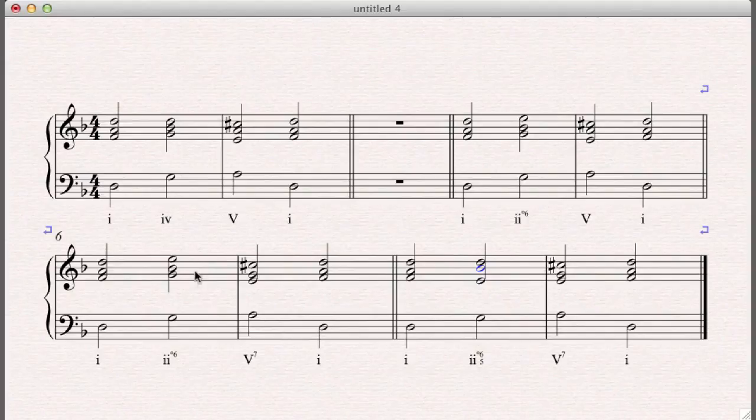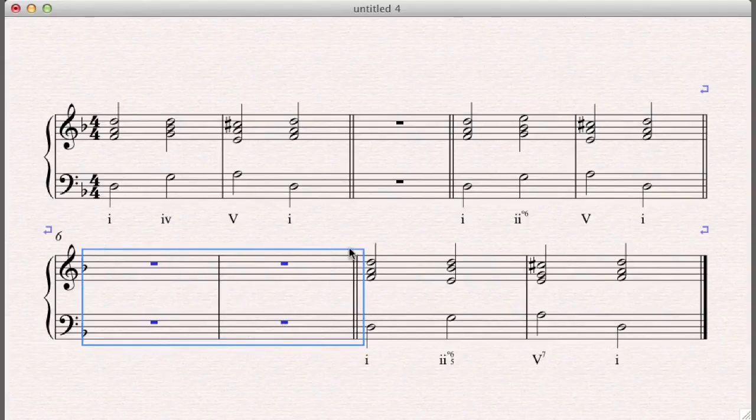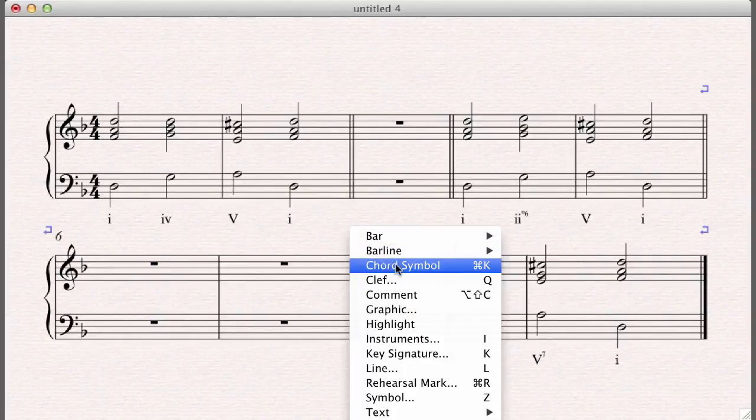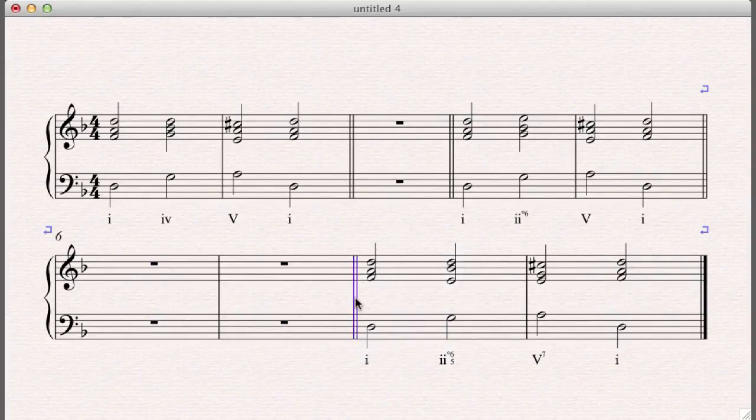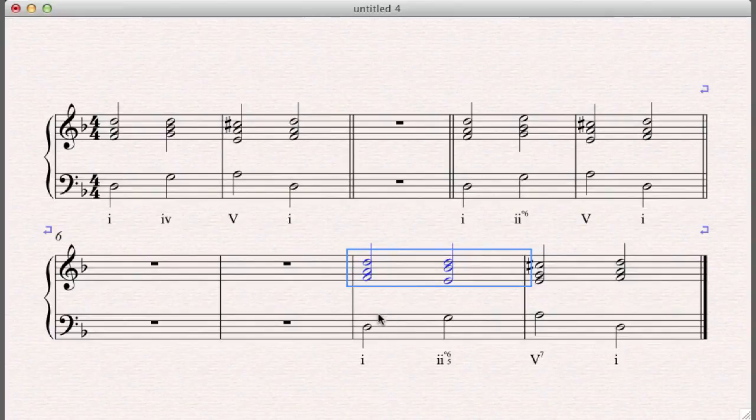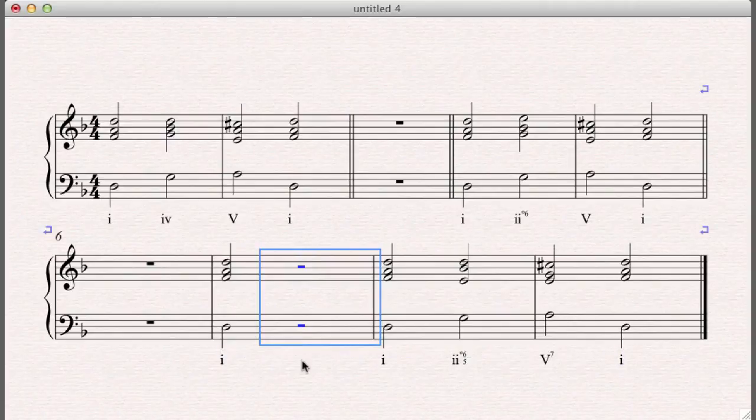Then there's one more version, one more thing I want to introduce. Sorry, I want to take this out, and I want to take this chord, and then I want to take this.